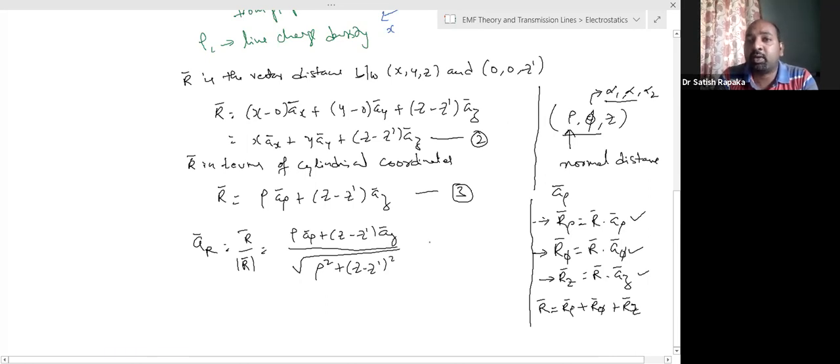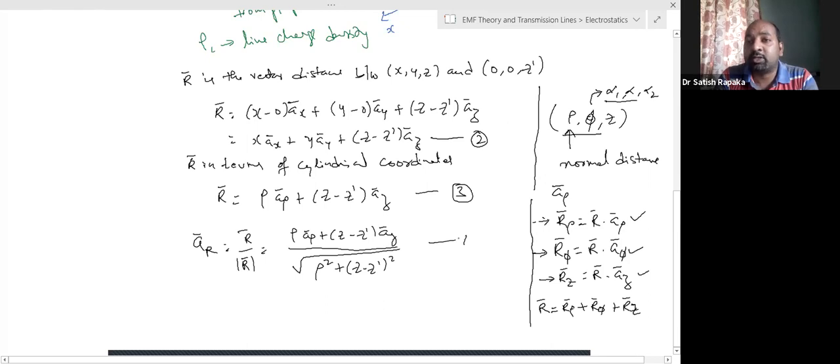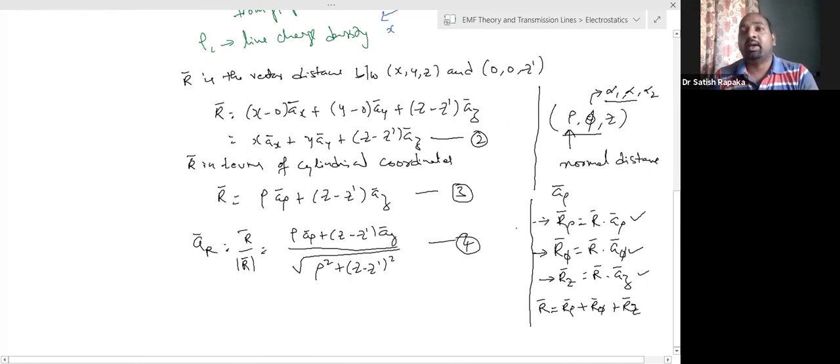So this is a R bar, and let us say this is equation 4, right? So now you know how to calculate the vector distance and the unit vector.